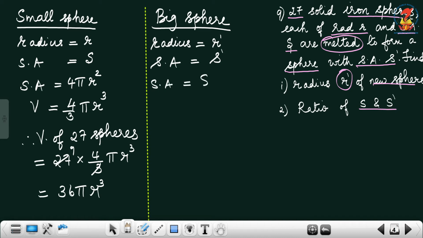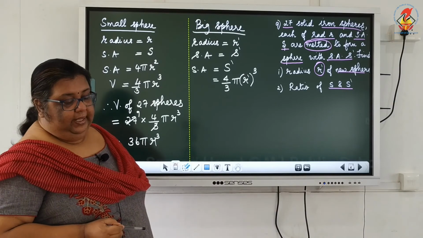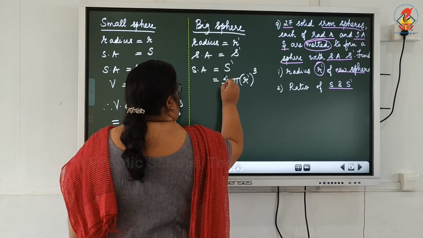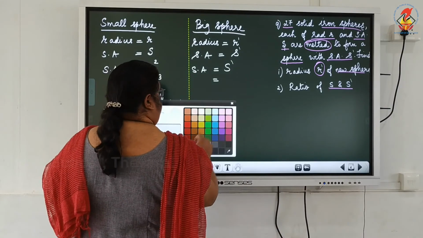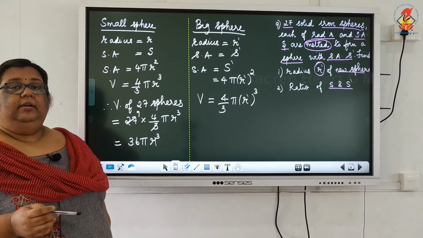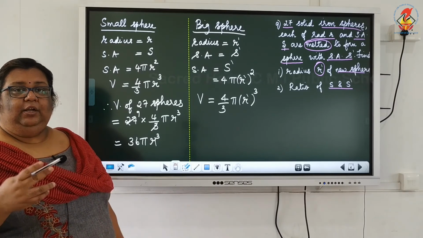Surface area of the big sphere will be 4 pi r dash square, and volume will be 4 by 3 pi r dash cube.